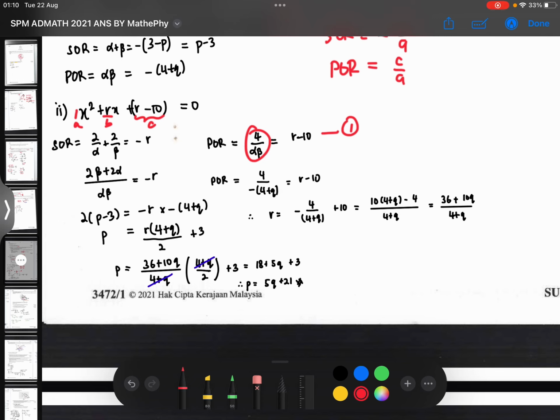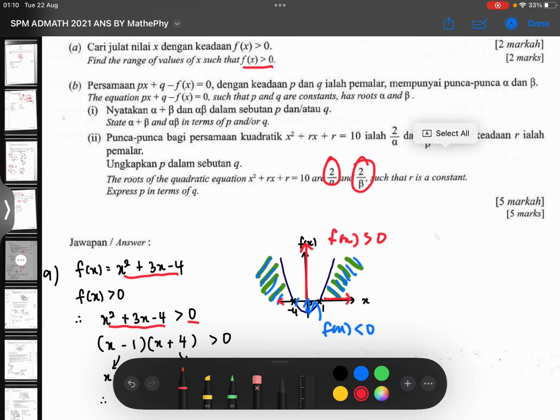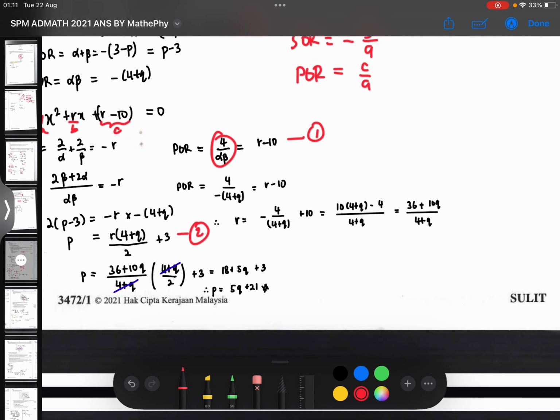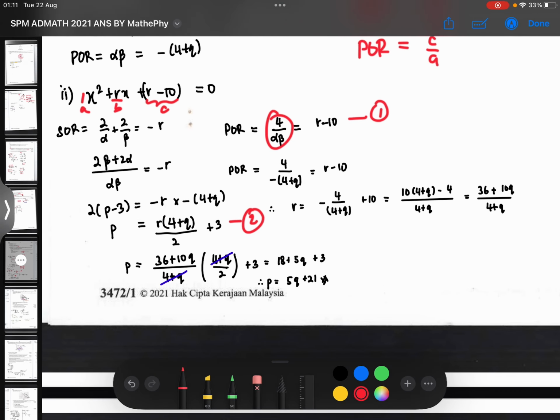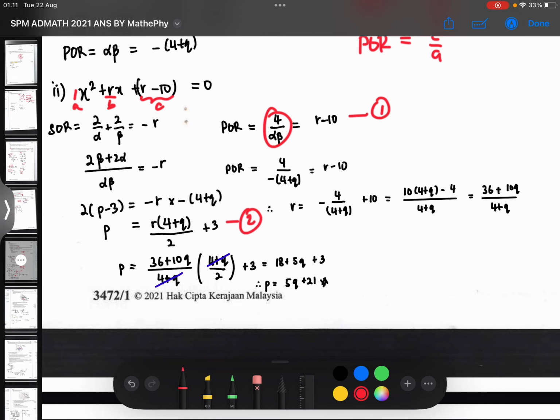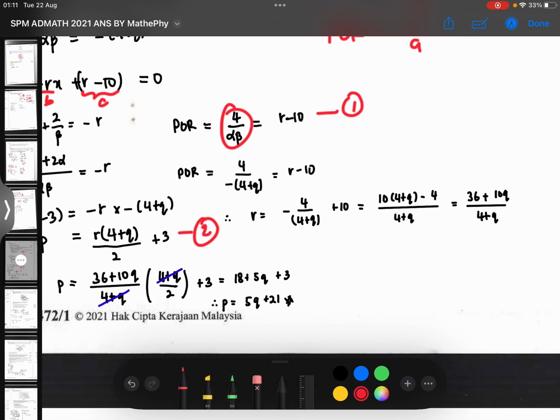This one. So what I do, I just substitute, because the question wants what? Express p in terms of q. So you still see r. So I make r the subject of the first equation over here, so I get this.